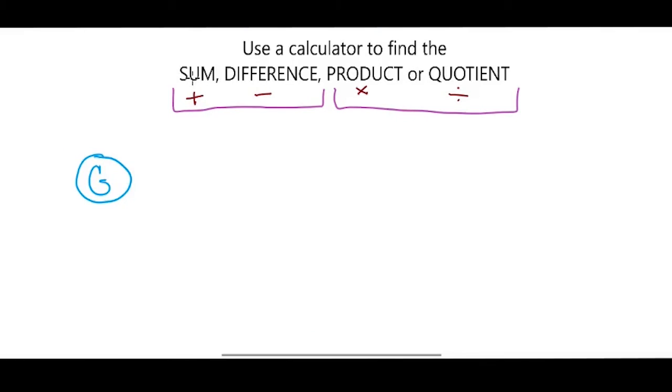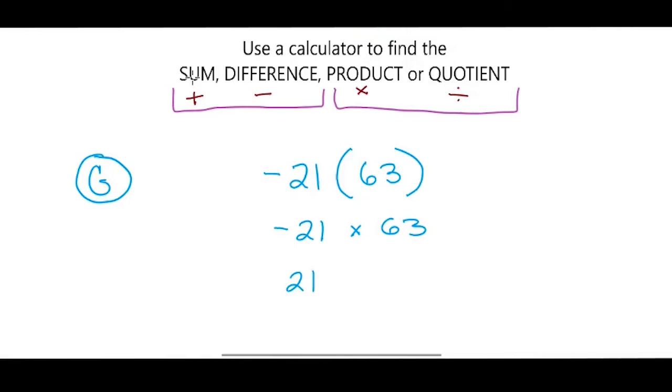We'll call this one example G. So here I have negative 21 times 63. I'll punch this in my calculator. First, I'll punch in 21, and then I will hit the plus or minus button, which will make it negative. So now I have negative 21.